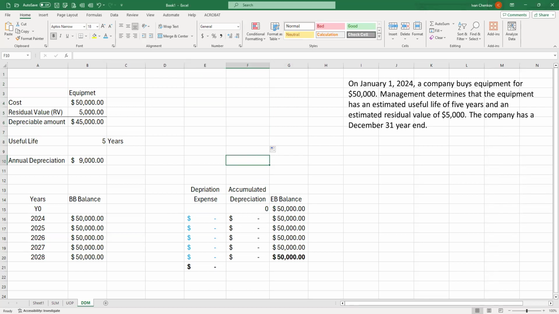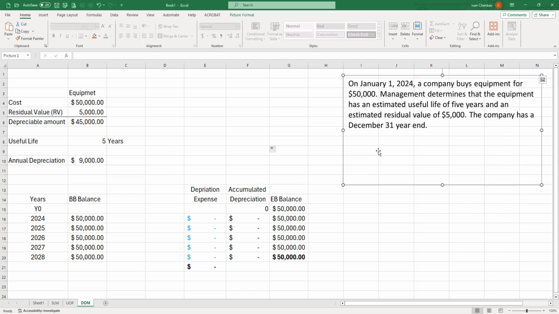I'm going to quickly get information about the declining method from the slides. I'm trying to find it here. In this method, we have to come up with the percentage.